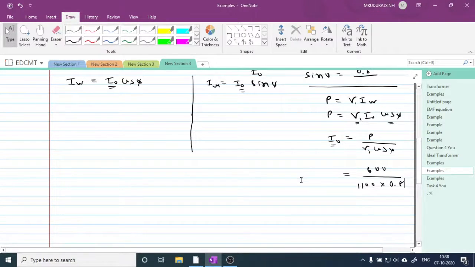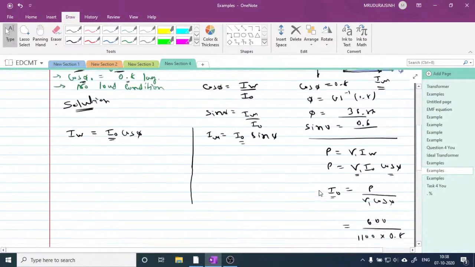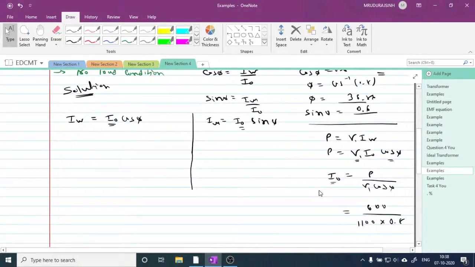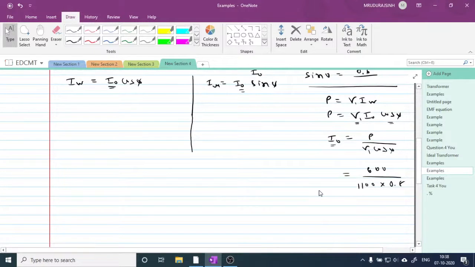But the answer given by students is 20 ampere. Oh my god. What's the difference? It's 0.68, but everybody is getting 20 ampere. How come this is true?